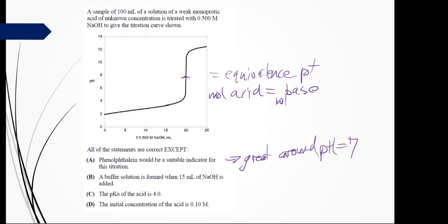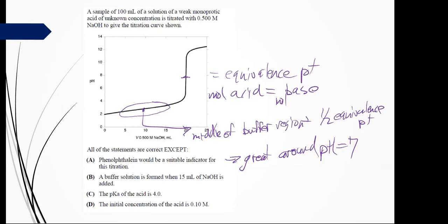Our half equivalence point is going to be where the inflection occurs in here. This is right when we're getting into the middle of the buffer region. So that's our half equivalence point.